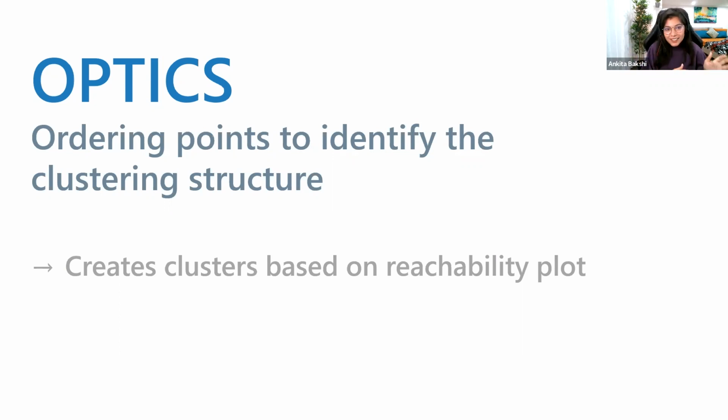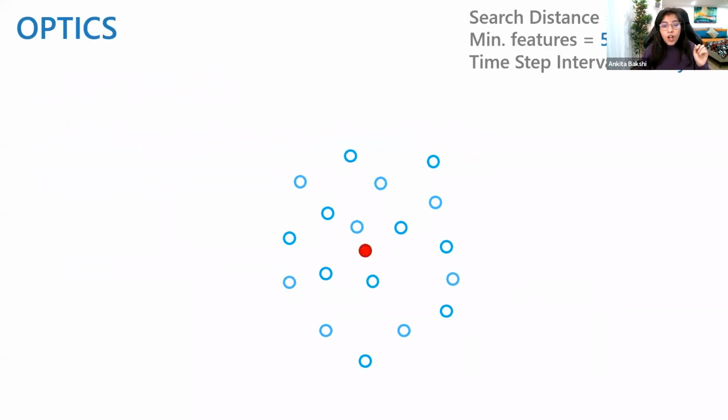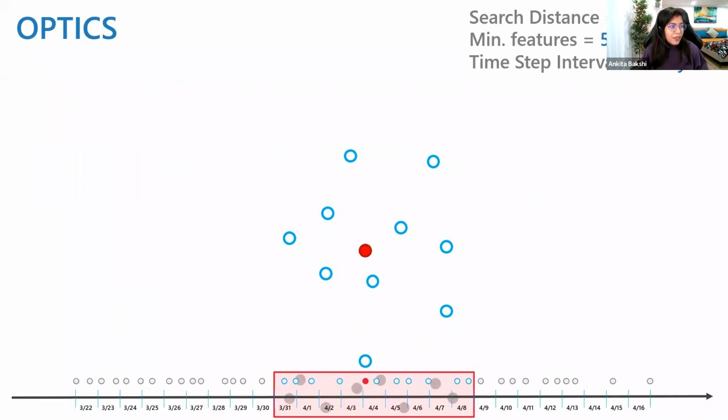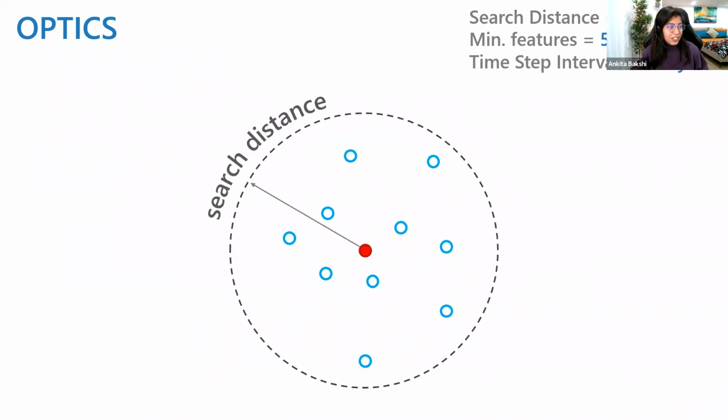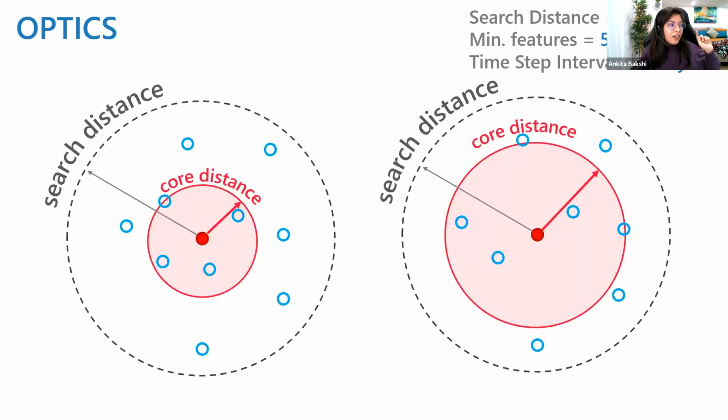But with OPTICS, you can find within your study area places that are of high and low densities, and also find clusters with varying densities. The concept is very similar. You find the search distance, and you find the minimum number of features in your search distance. So here I found 5 features within a smaller core distance, but in this other example, I found 5 features in a bigger radius.